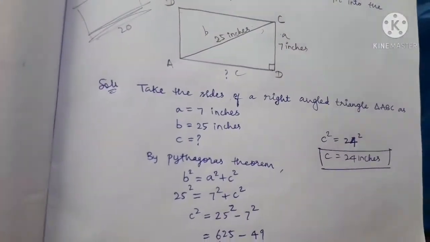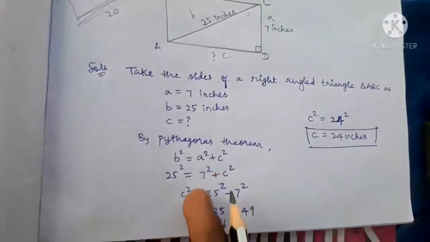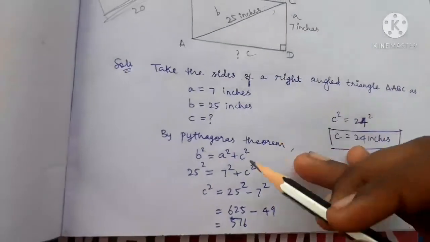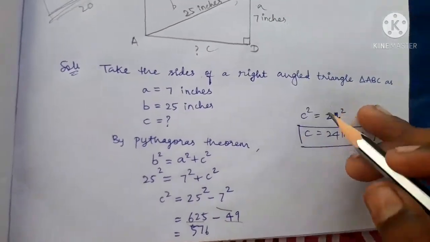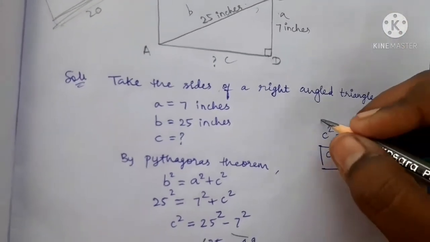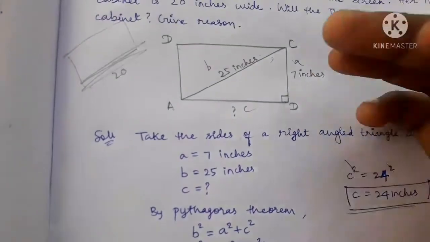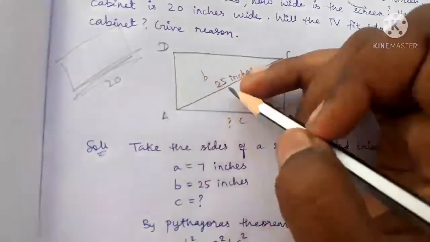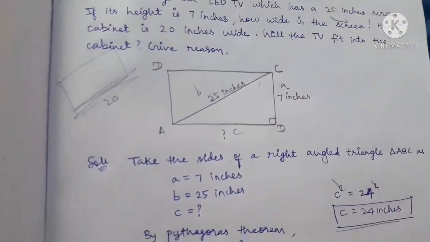Substitute the values given in the question. Now, keep C square this side itself. Bring this 7 square this side. What you will get? Minus 7 square. So, 625 minus 49 is 576, which is C square equals 24 square. So, square and square get cancelled. C equals 24 inches. Therefore, the width of the TV has been got, which is 24 inches.